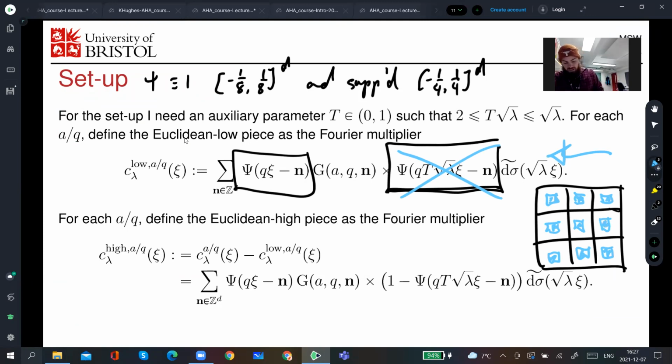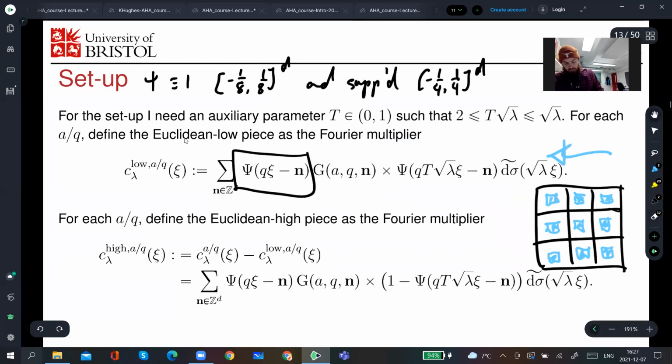But now when I throw in this extra t of λ, it's going to take an even smaller support. And if t is 1, then this is actually quite small. It's just a tiny little bubble inside these blue boxes.